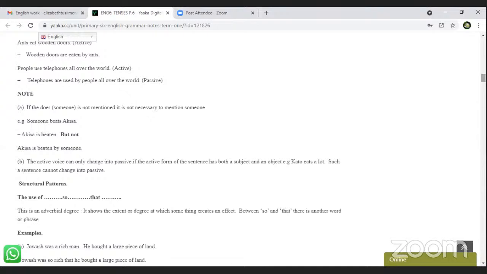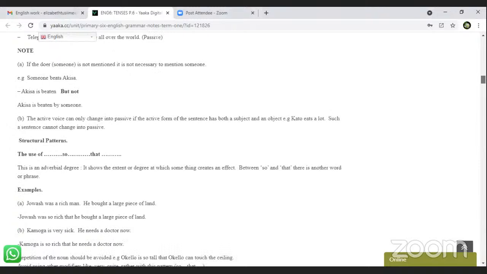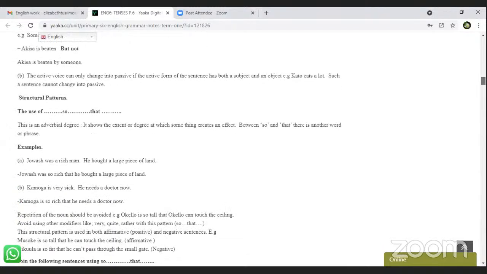The use of so that, this is an adverbial degree. It shows the extent or the degree at which something creates an effect. Between so and that there is another word or a phrase, usually an adjective or an adverb.